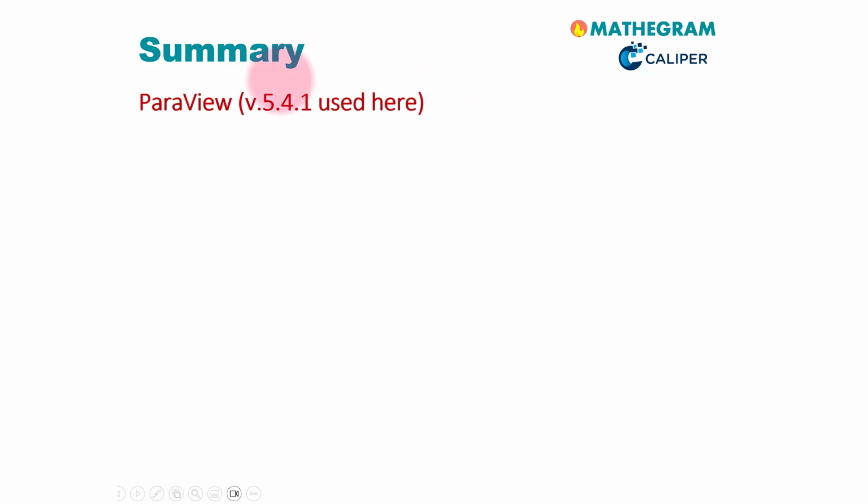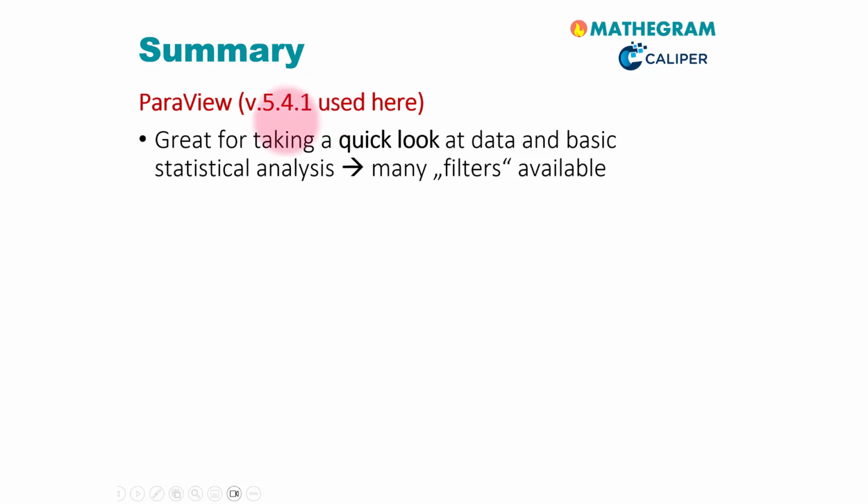If you use ParaView, and we have used a rather old version here, you will see that this is a great tool for taking a quick look at the data. Also, we have seen that basic statistical analysis is possible. In ParaView, such analysis can be activated as so-called filters.